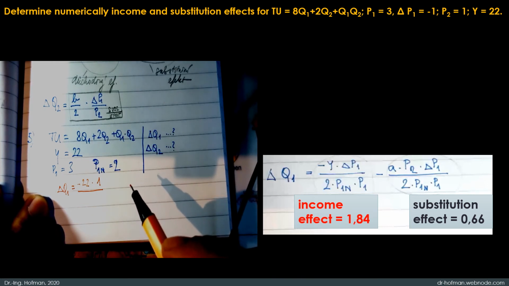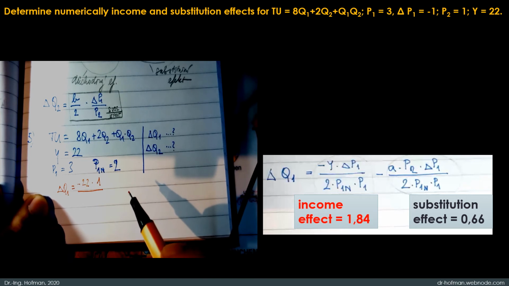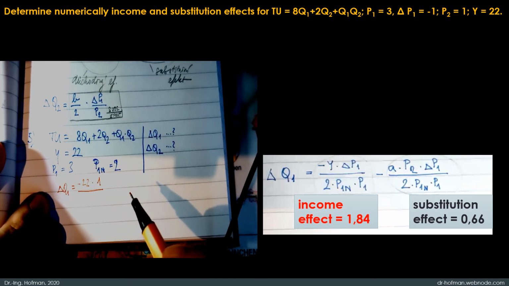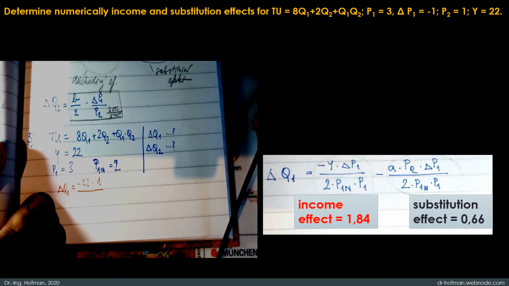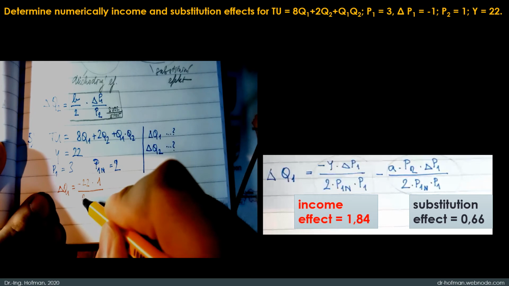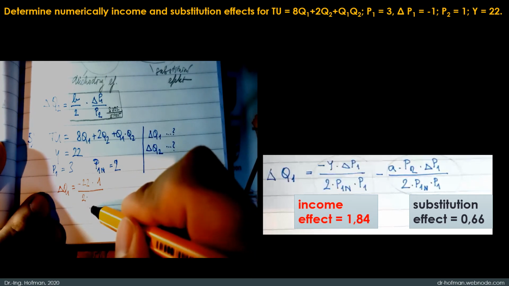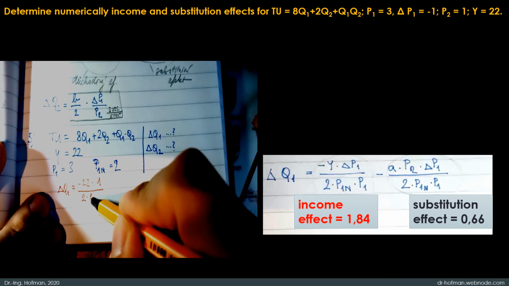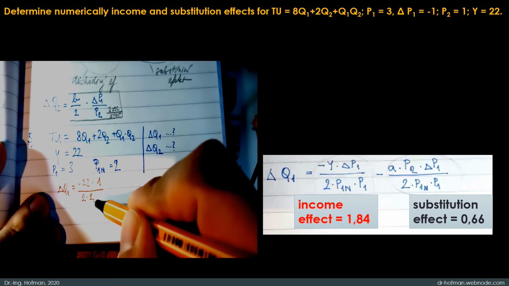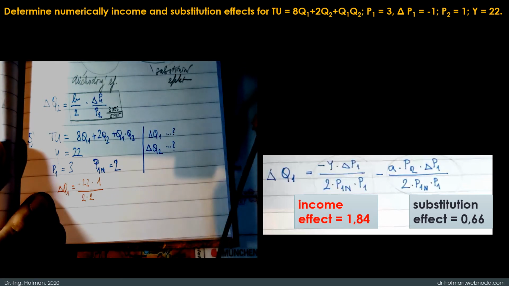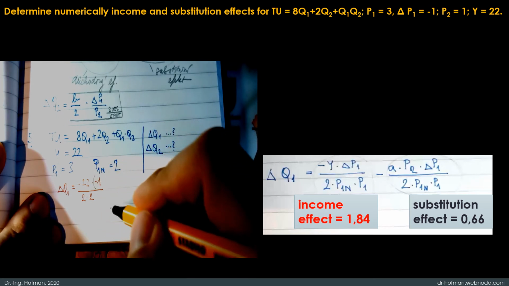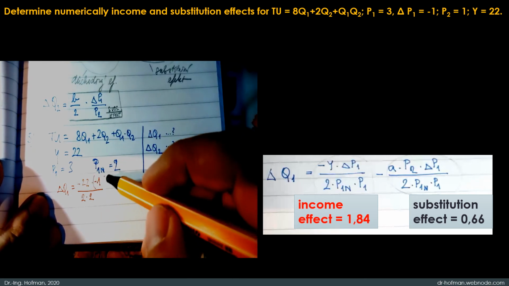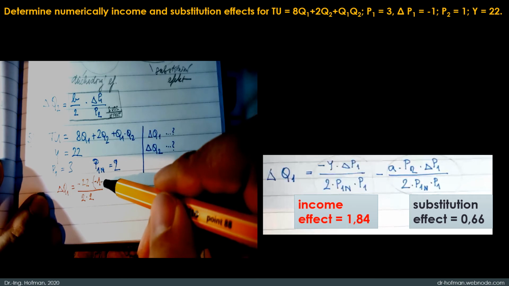Minus Y is minus 22, for yield, and minus 1, which I should multiply by, is the delta P1, over 2 times P1N, the new price of the first good, which is 2 because the original P1 was 3 and delta P1 is minus 1. 3 minus 1 is 2.